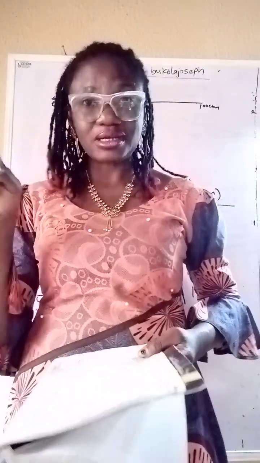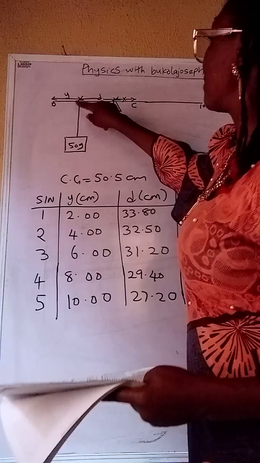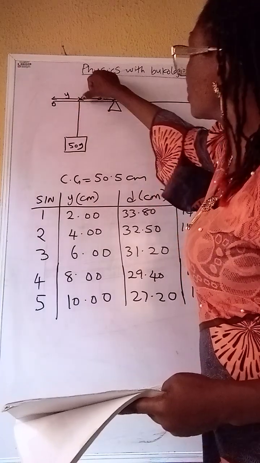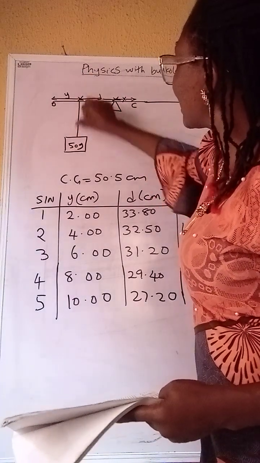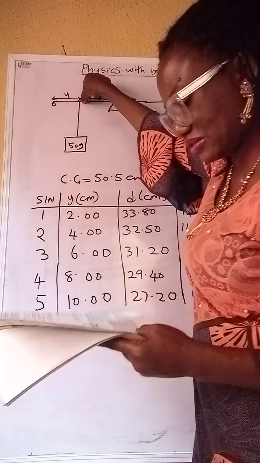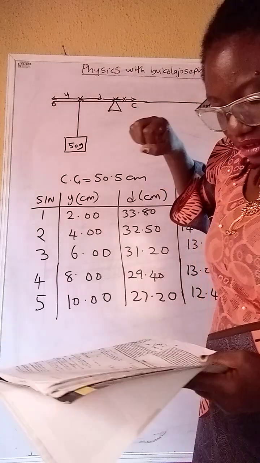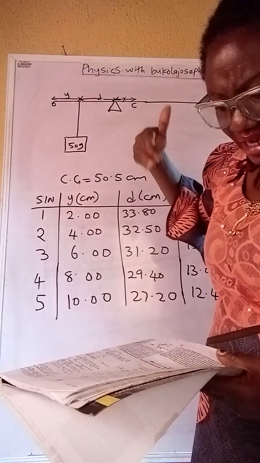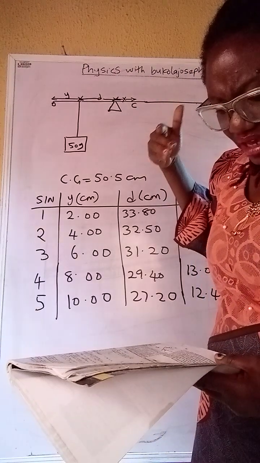The mass you have been given can be labeled maybe X, M, whatever. We put it on 2 centimeters, like what the instruction says. Then, as shown on the diagram, balance the meter rule with the hanging mass on the knife edge.